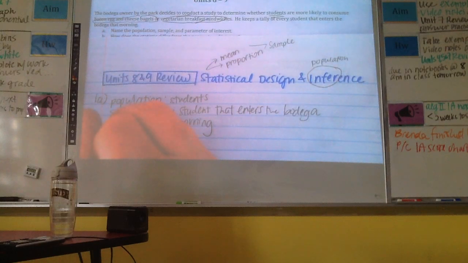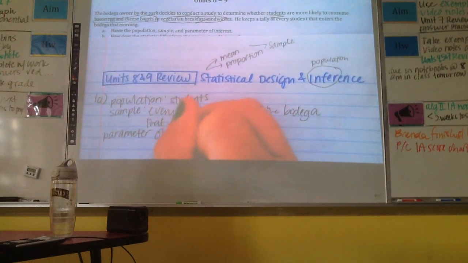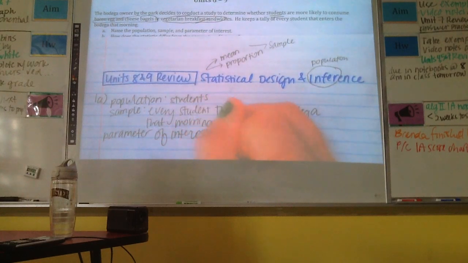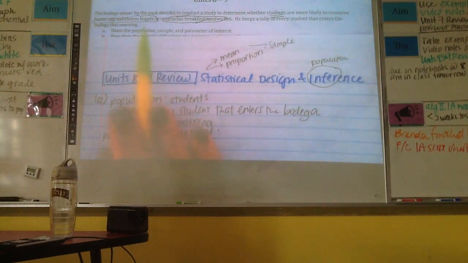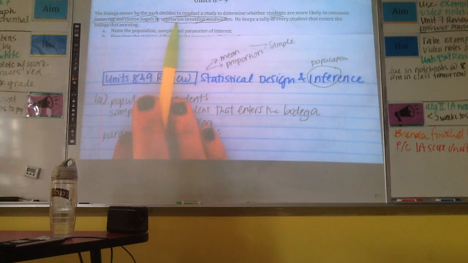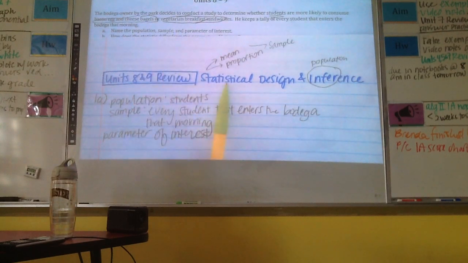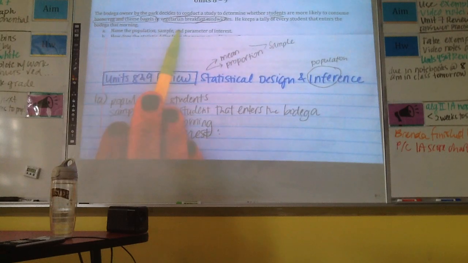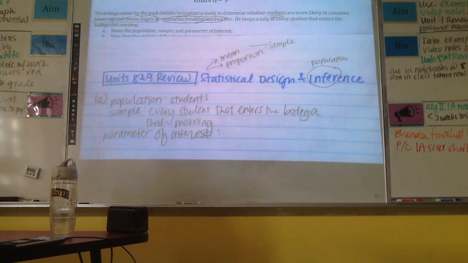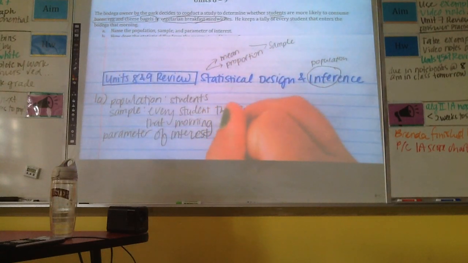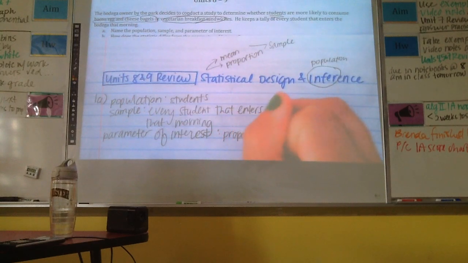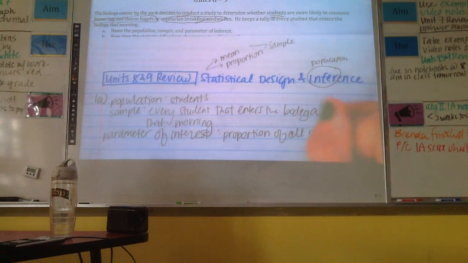Okay, parameter of interest. So I'm interested in something. It's implied that we're interested in one of these two choices. So a parameter, much like a statistic, will be a mean or a proportion. And since people are picking between one of these two options, we'll be able to calculate the percent or the proportion of all students.